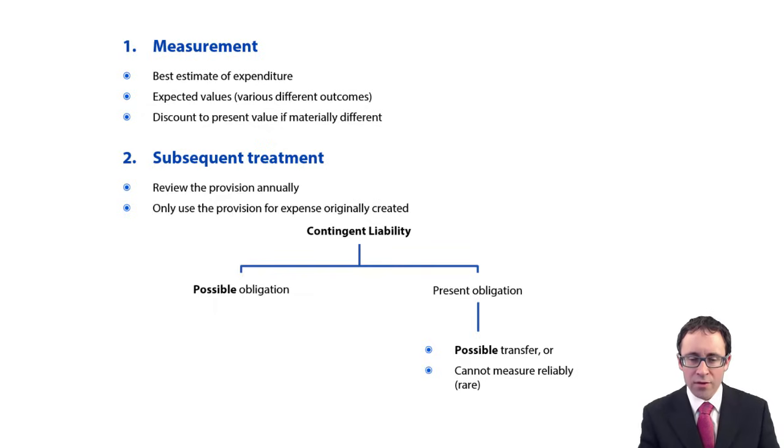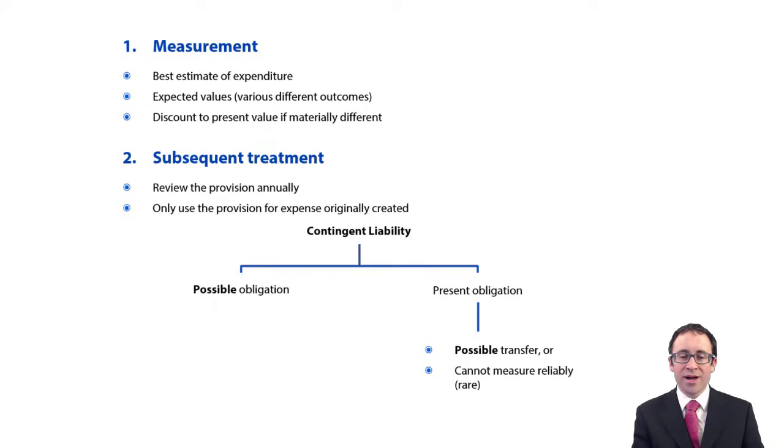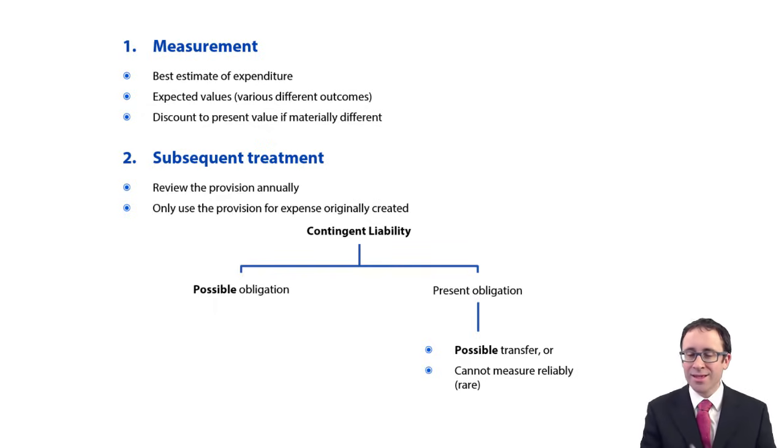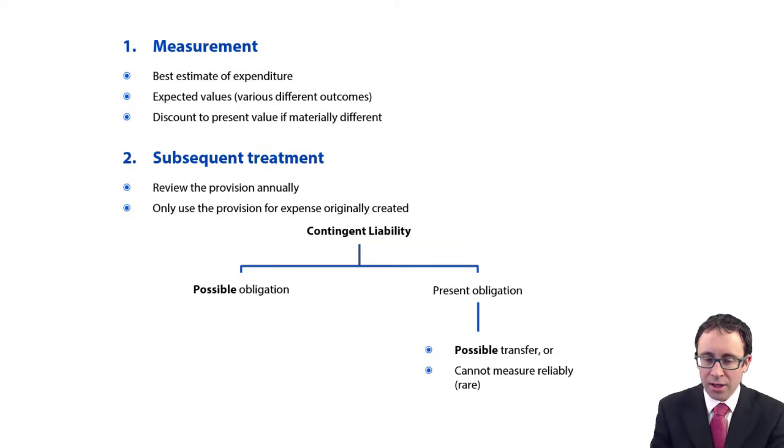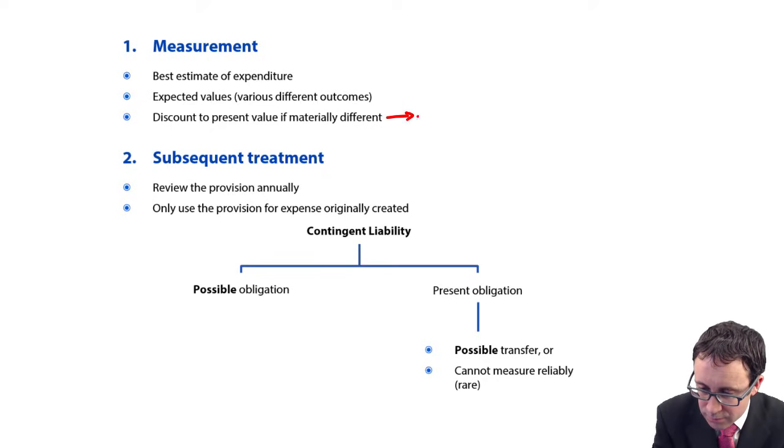Other ones as well that you've got there, you need to discount to present value if materially different. Okay, so your prime example that you have there ties into property, plant and equipment, whereby maybe we have to go through that and look at the dismantling cost.